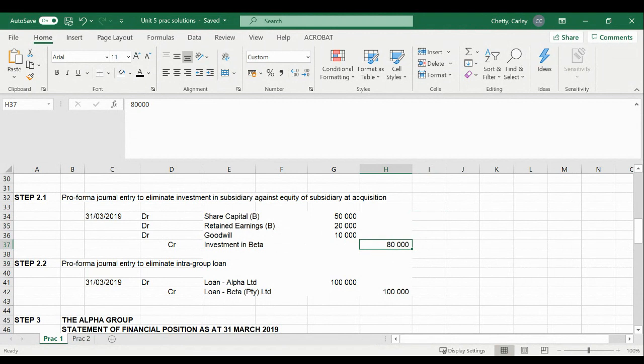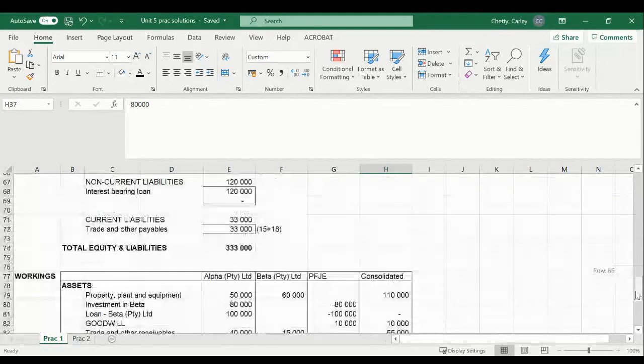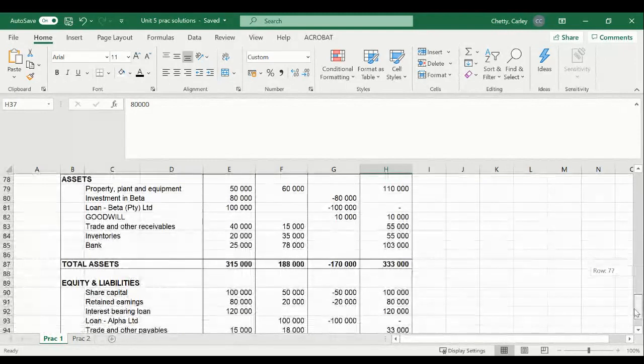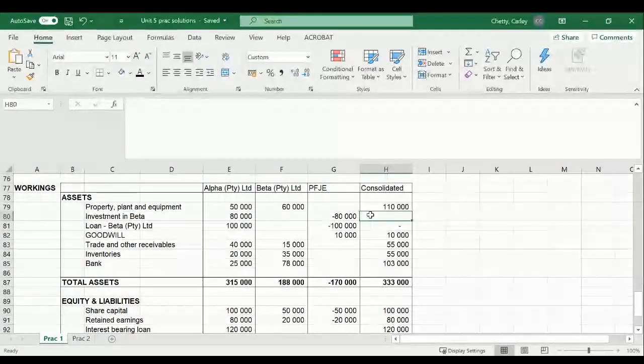So this credit was processed when the consolidated financial statements were prepared, and this therefore means we're going Alpha plus Beta, and then we're adding this column as well. So in the consolidated financial statements, there will be 0. Investment in Beta will not be shown because of the pro forma elimination journal entries.